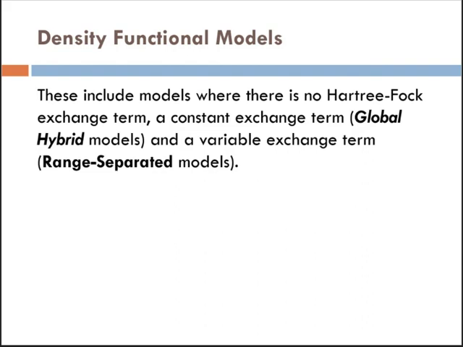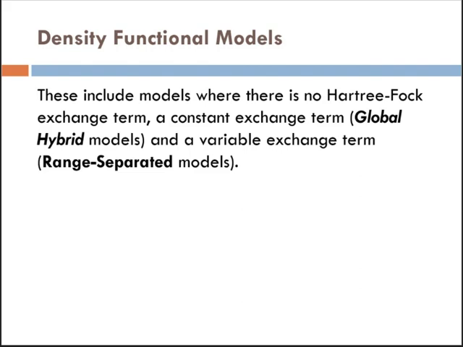The first set of models that is presently used are called global hybrid models, or global hybrid generalized gradient approximation models. Big words. What that really means is that we're going to put into this expression of dependence on the density and its gradient also a dependence on the exchange energy from Hartree-Fock theory.